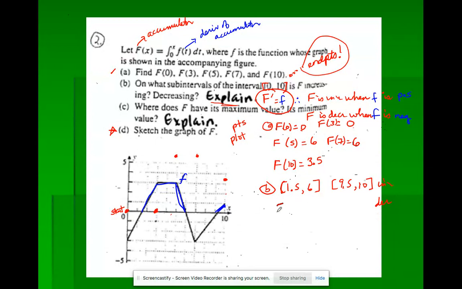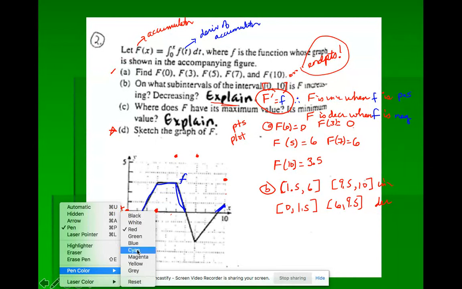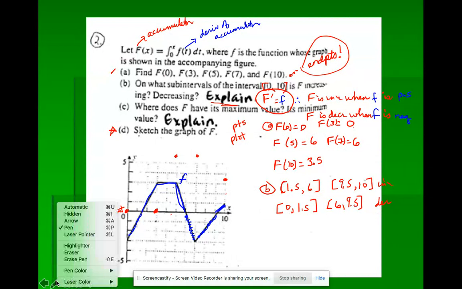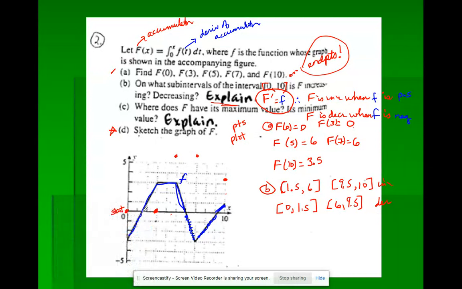and decreasing would be everywhere the first derivative is negative. Notice what is true about the derivative here.